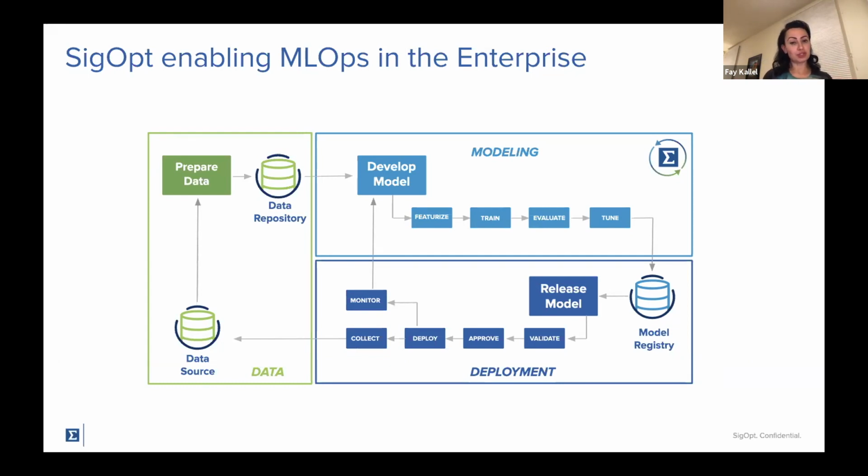SigOpt comes with grid search and random search packaged, so you can try simpler tuning mechanisms before you decide to maybe do further training and then go back and fire off hyperparameter optimization tuning so you can achieve that best model.